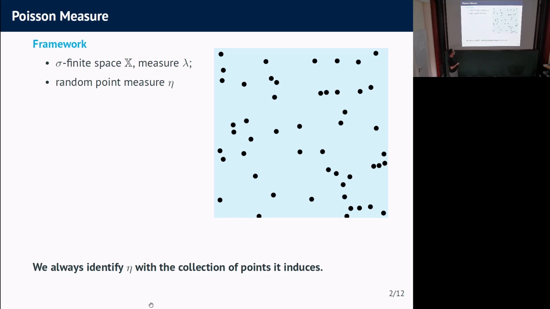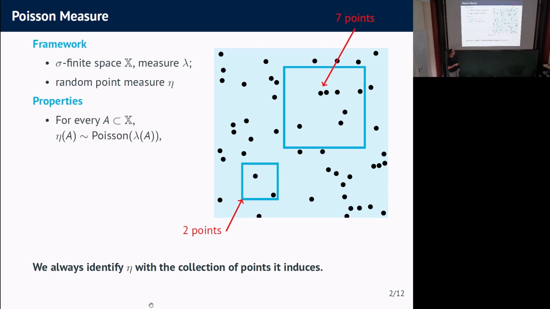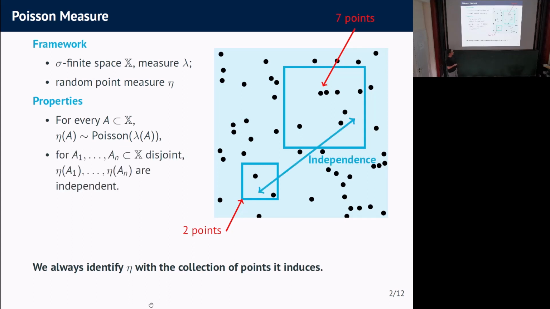Then it has some very nice properties, being that inside some subset, the number of points inside the set is Poisson distributed with parameter the measure of the set. So large measure, many points, small measure, few points, and on average, the number of points you get in each set is the volume of the set, so it makes sense. And you have spatial independence as well, which is something that will actually come in later.